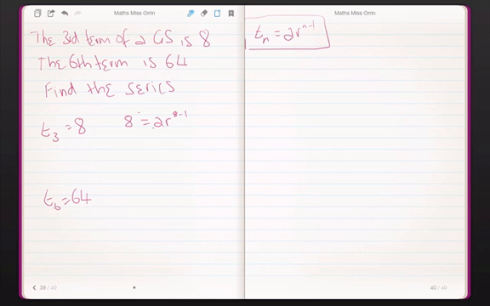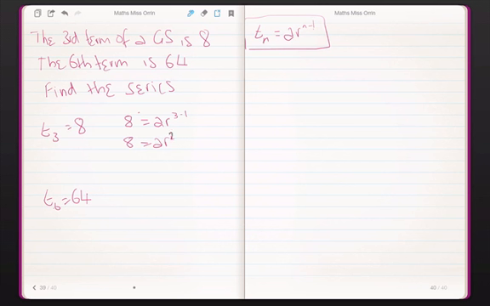Sorry, 3 minus 1, because it's the third term. So T3 is 8, and 8 equals ar squared, because 3 minus 1 is 2.